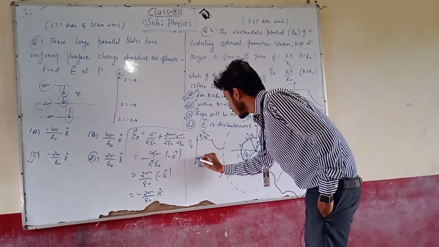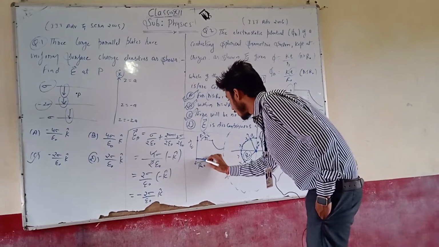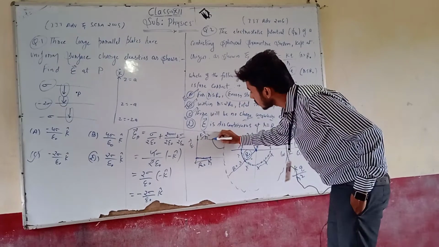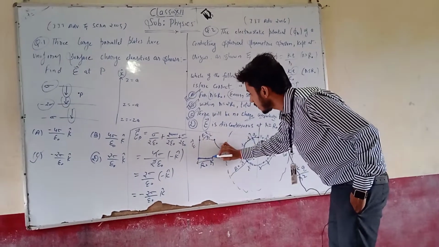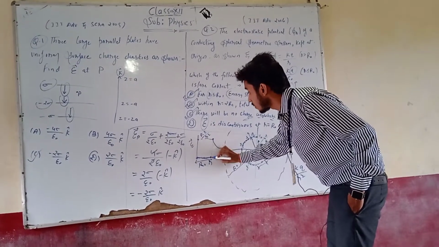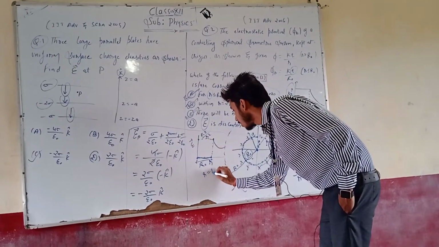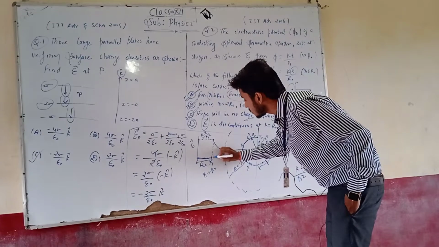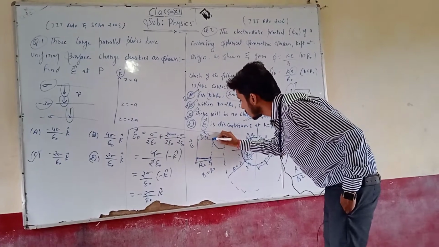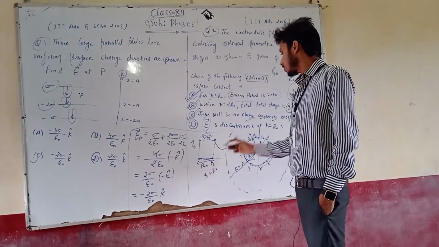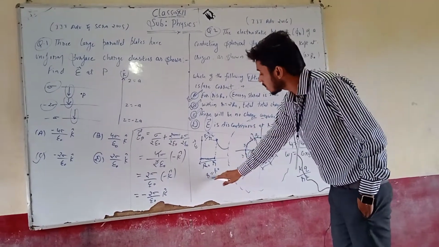So we can see that this graph goes straight from 0 to r naught, and then it starts from somewhere here, and we can see that the graph is broken. The graph is broken at the distance r is equal to r naught, and we can find a hole here in the graph because this is broken. So this is discontinuous at r is equal to r naught.